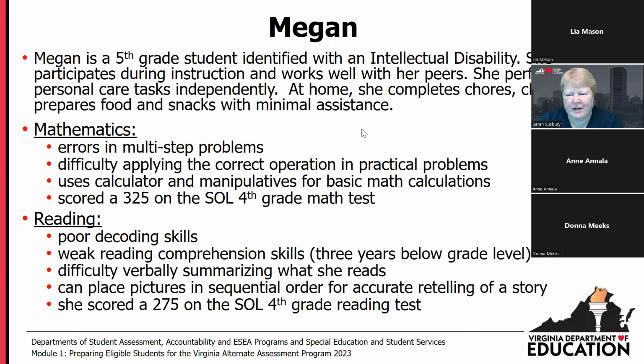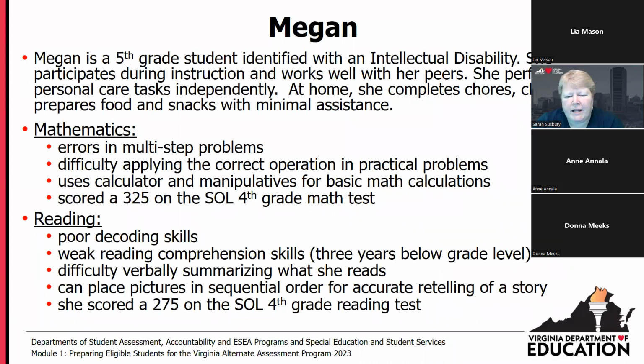Megan, again, is the 5th grade student. In mathematics, she has errors in multi-step problems, difficulty applying the correct operation in practical problems, and uses calculators and manipulatives for basic math calculations. On the 4th grade math test, she scored a 325 in the previous year. For reading, Megan has an issue with decoding skills.